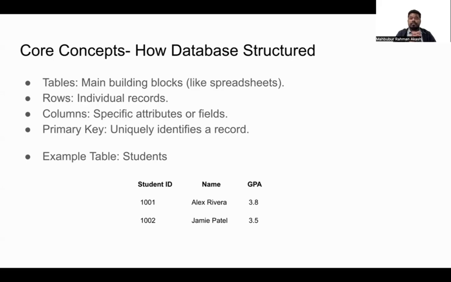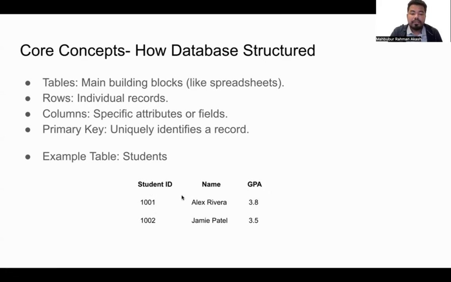So here tables are the main building blocks, right? Like a spreadsheet, you'll have rows, the individual records. Here you can see an example of a table, the student table. The rows are the records and the columns are the specific attributes or fields, right?